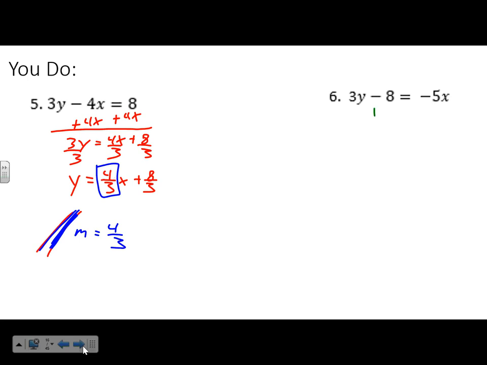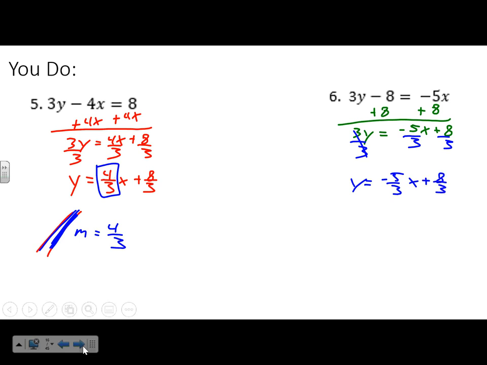Over here at 8, 3y is equal to -5x plus 8. Divide everything by 3. I get y is equal to -5 over 3x plus 8 over 3. Now again, the slope of this line is -5 over 3, so the slope of a parallel line is the exact same, -5 over 3.